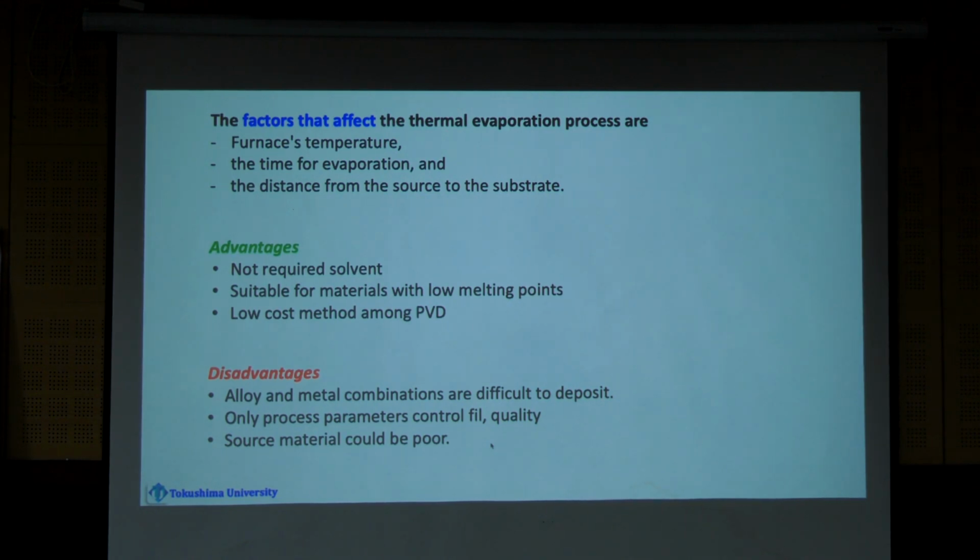Process parameters are sometimes difficult to control, and so is the quality of the film. Source material could be poor. Sometimes, even though we say the melting point of a certain material is low and we give the heat, it cannot show good performance.